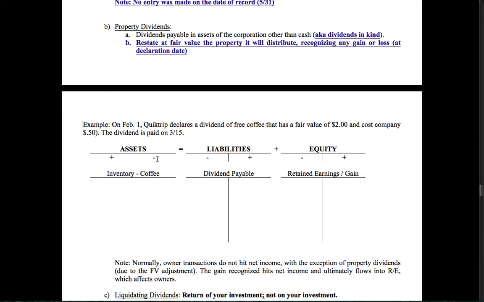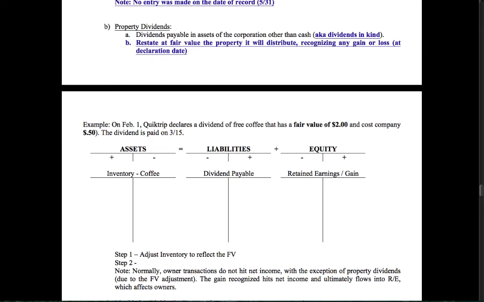So on February 1st, QuikTrip declares a dividend of free coffee that has a fair value of $2 and costs the company 50 cents. This dividend is paid on 3/15. So going back to what we know, the first step is we need to adjust the inventory balance to reflect the fair value.